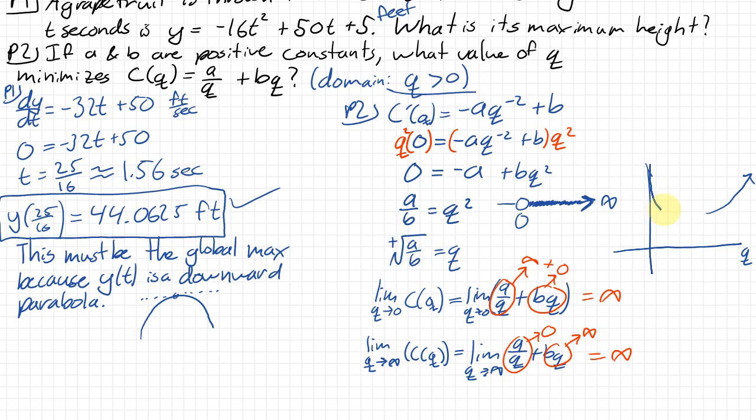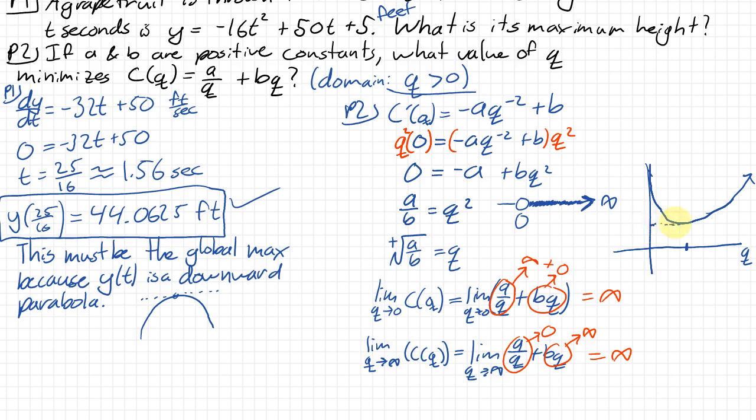Now that means it could turn around and go back up like this, but it can't go down and up and down. We know this function is continuous, so it doesn't have any weird gaps in it. It's differentiable everywhere. So the only way you could have a continuous differentiable function that has these two limits is one that just goes down in the middle and then goes back up. So that critical point must be there.